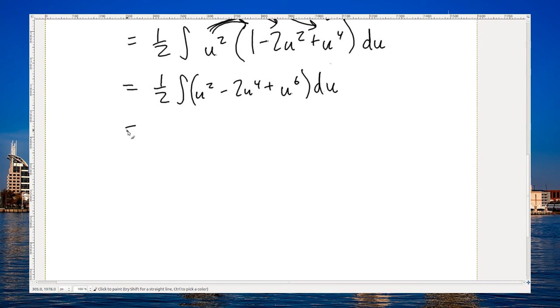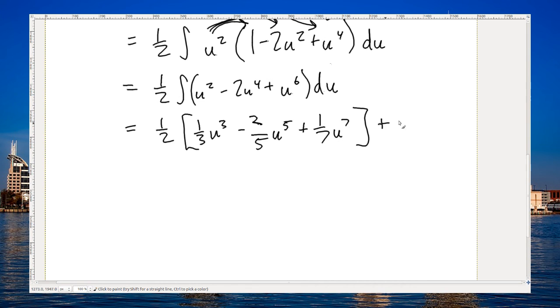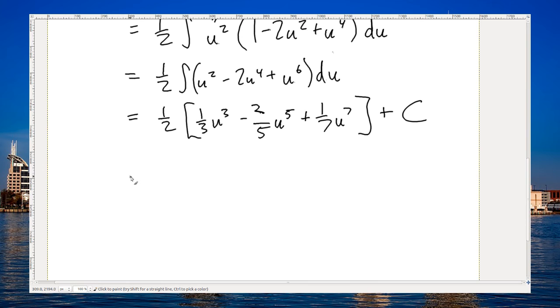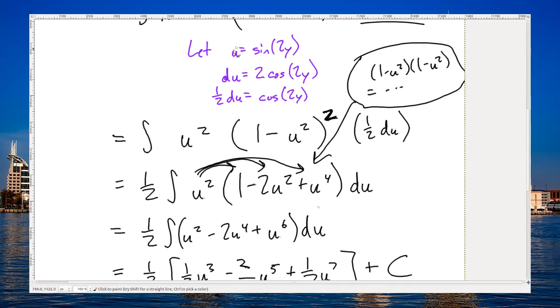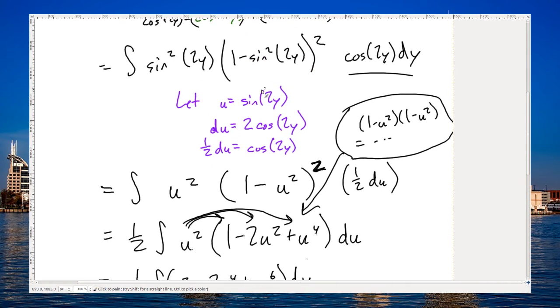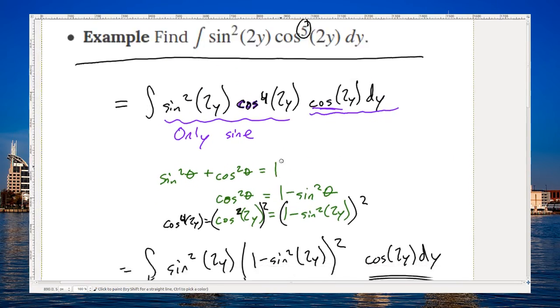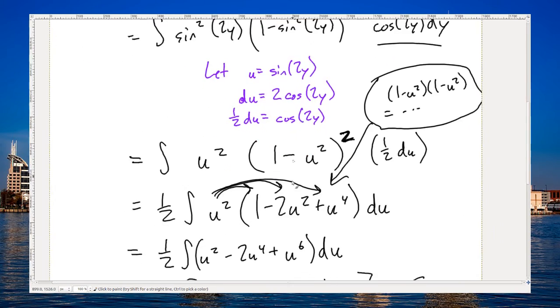Okie doke. Now I can integrate u cubed with a 1/3. The 2 comes down. U to the fifth means we divide by 5. 1/7 u to the 7 plus c. Don't be tempted to just multiply out that 1/2 because I made up u. U is this made up thing. I need to put it back in terms of the stuff the question actually cares about, which is sine, cosine, and 2y.